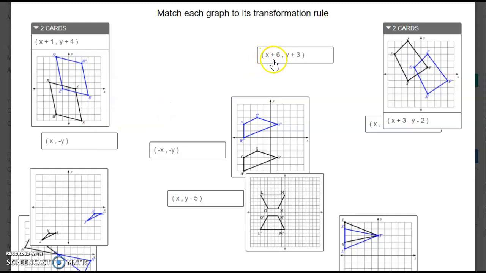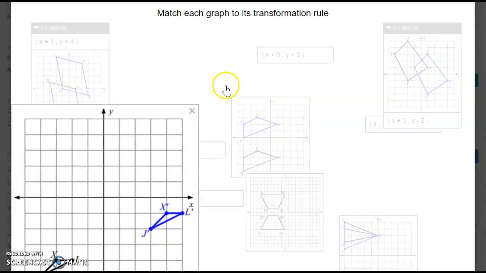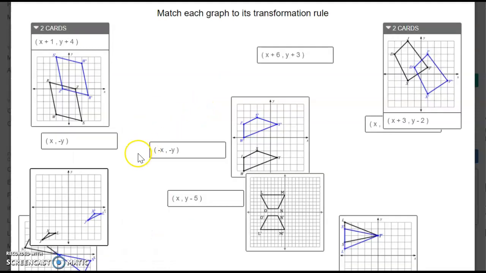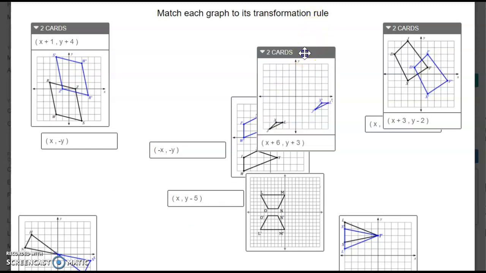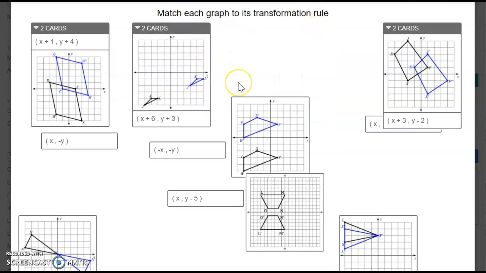Let's do another translation: 6 to the right and 3 up is this one. So I'm going to move that here. Now I have this.